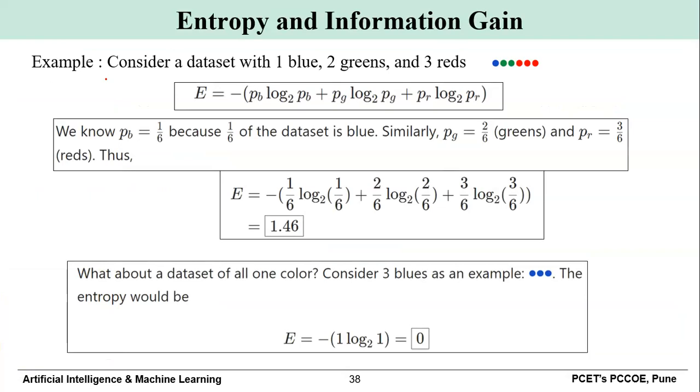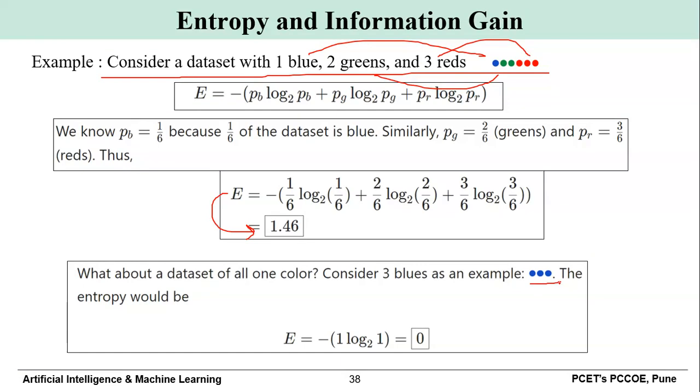Okay, so for example number one, where three types of data sets were there, we understood how to calculate the entropy. And in the second example, where three dots were there and all dots were of blue color, the probability of getting a blue color dot is 1. So when you put that 1 in this equation, you will get entropy equal to 0.